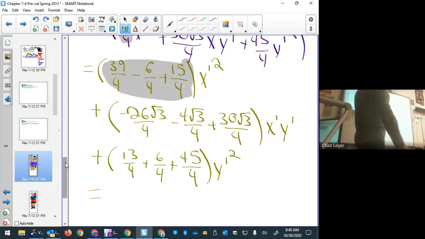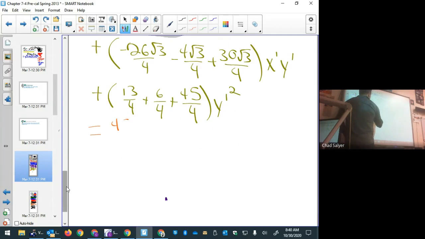So if I add these up, 39 minus 6 is 33, plus 15 is 48. Everybody with me? 48 over 4 x prime squared. Plus negative 26 minus 4 is negative 30 on the square root of 3, plus 30 on the square root of 3, 0.